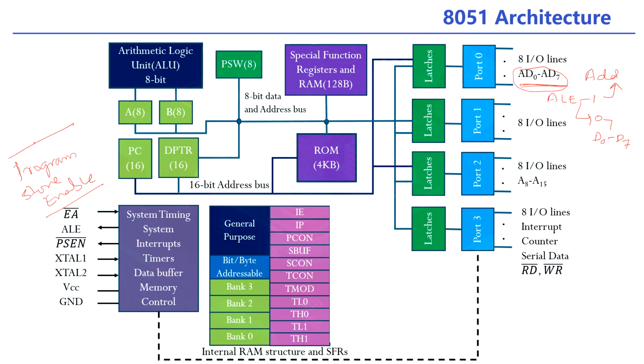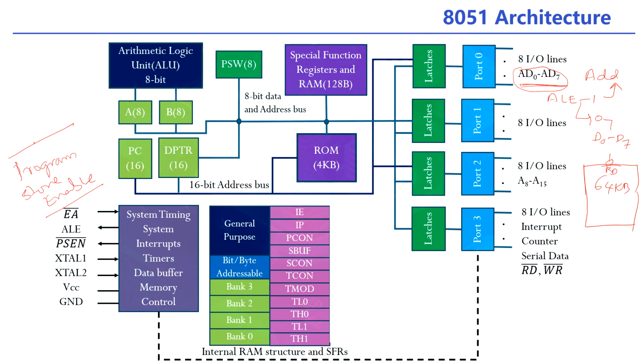Already we know that in extended mode we can interface external program memory of 64 kilobytes. When you are operating with 64 kilobytes of memory, you require one control signal, so that you can read the data from external program memory.